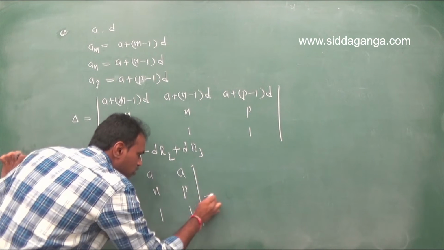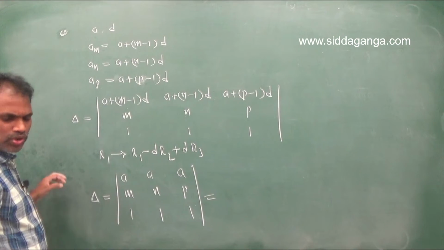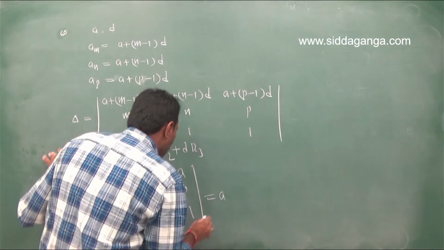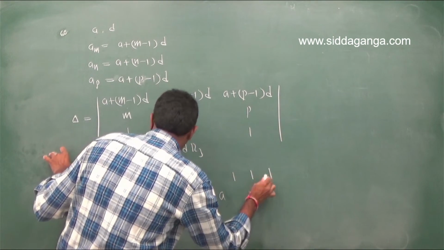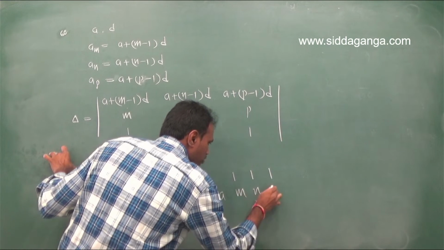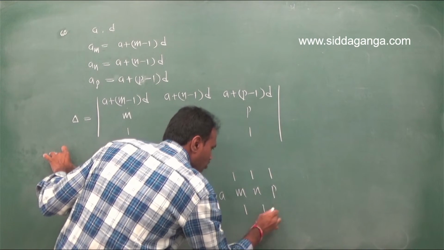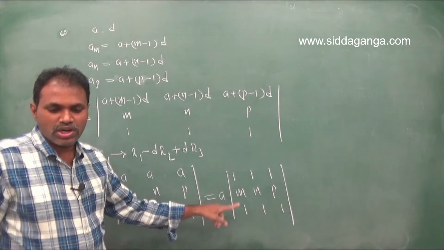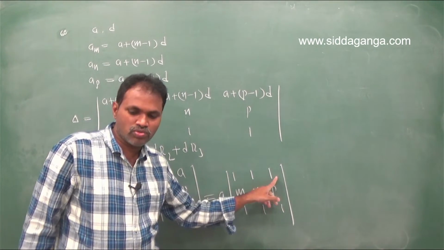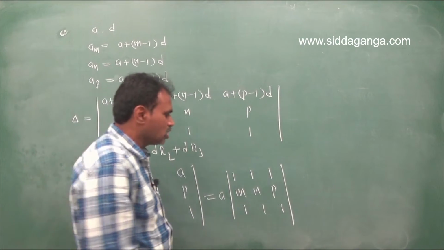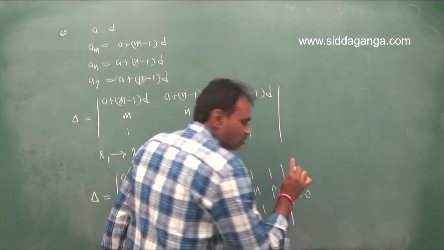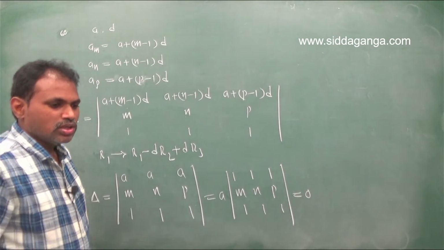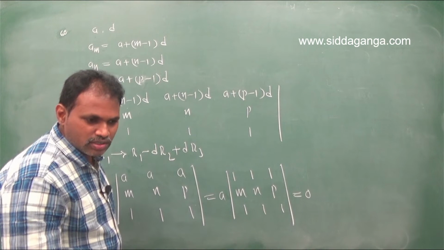Now from the first row you can take A common, giving 1, 1, 1 and M, N, P and 1, 1, 1. Now if you observe this determinant, two rows are identical. The first row is 1, 1, 1 and the third row is also 1, 1, 1. Therefore this is equal to 0. Therefore option 3 is right. Next question.